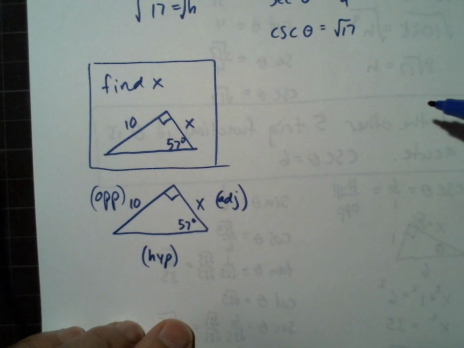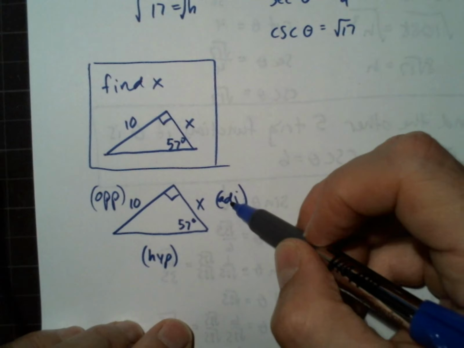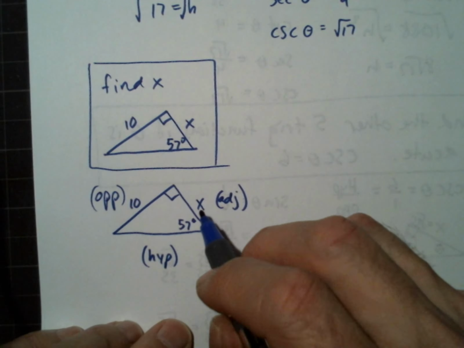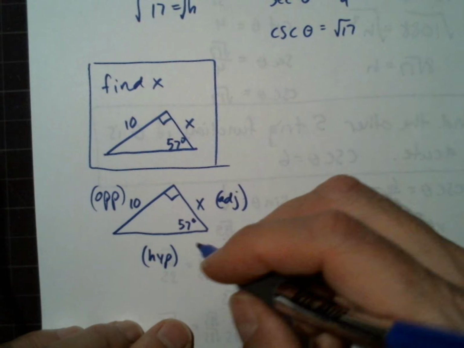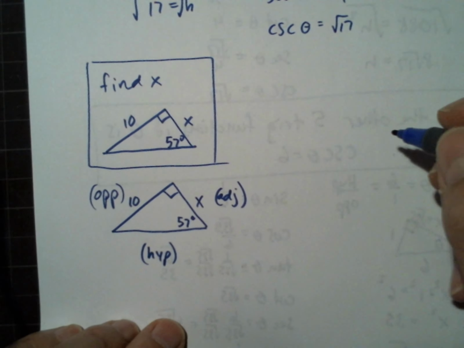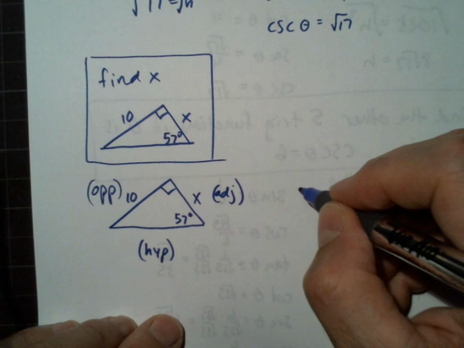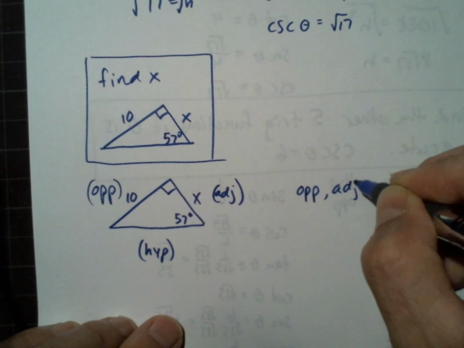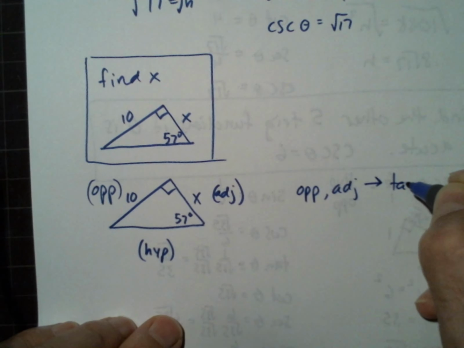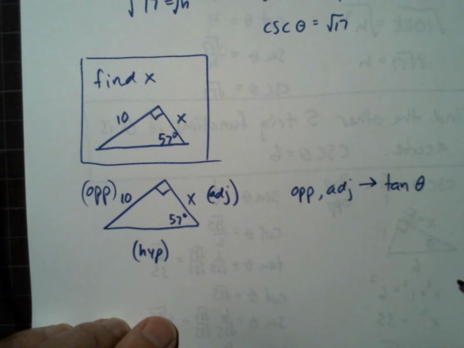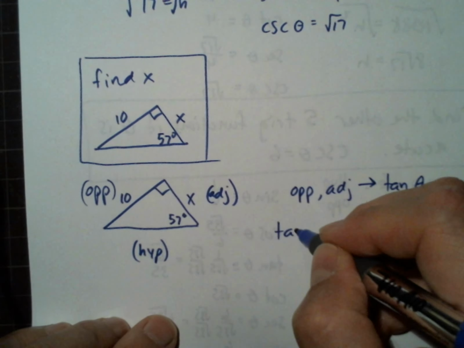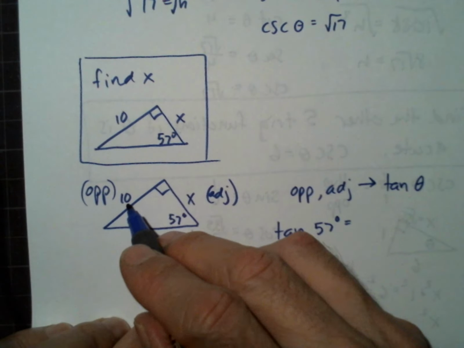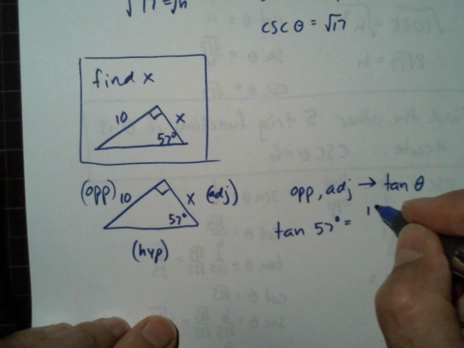So we know that we want to know the adjacent. We know the opposite. We need a trig function that has opposite and adjacent in it, and that's going to mean tangent. Tangent of 57 is opposite over adjacent.